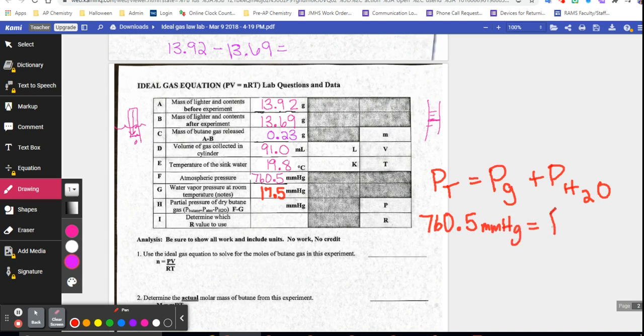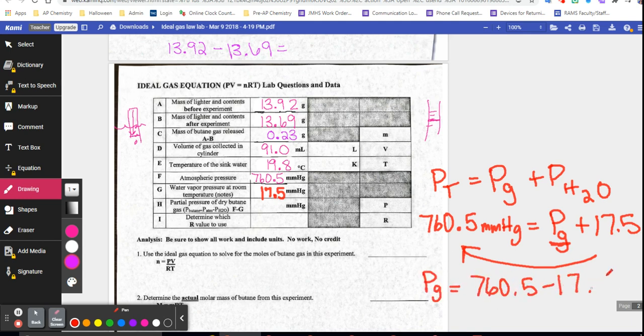We're setting that equal to pressure of gas, which we don't know, plus our water, which we did know was 17.5. So in order to solve for this, we subtract that 17.5 from the 760.5. In the end, pressure of that gas was equal to 760.5 minus 17.5.